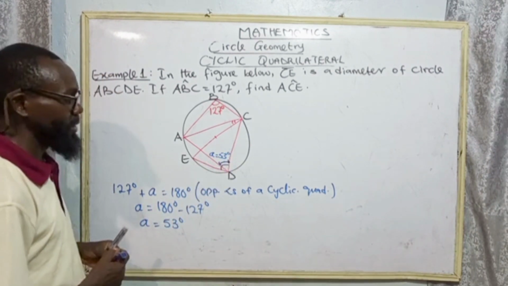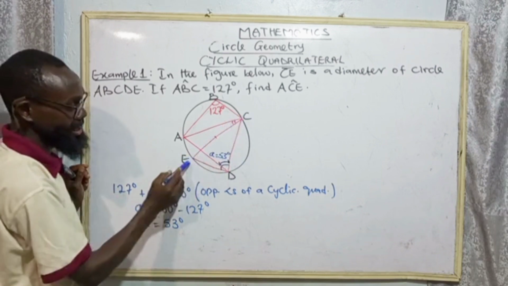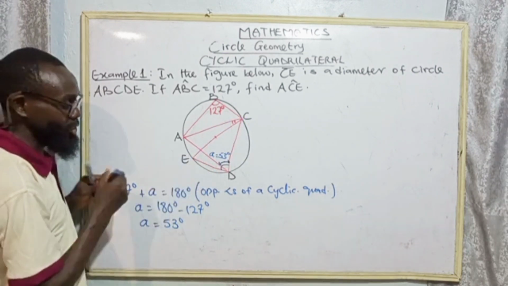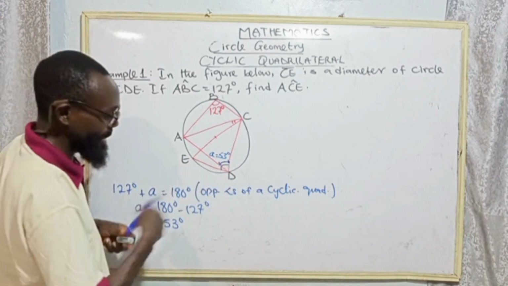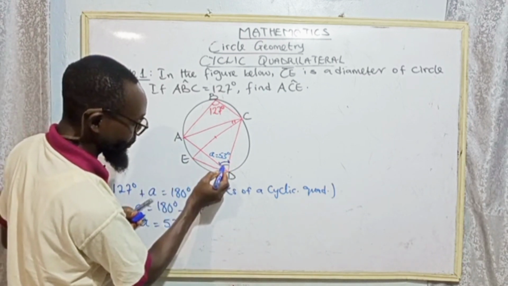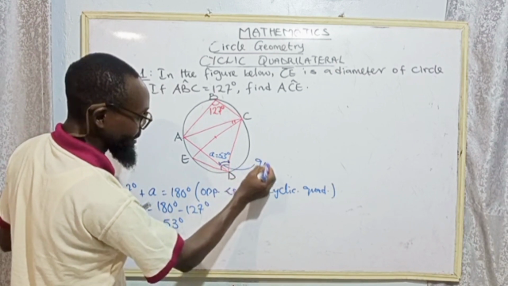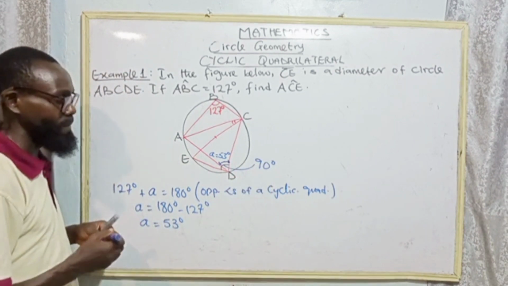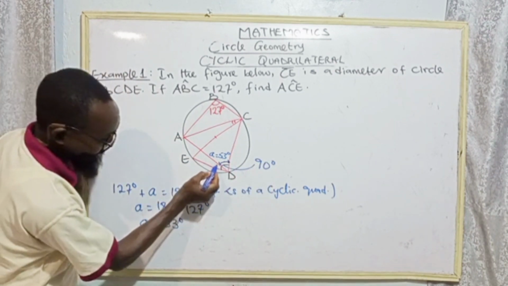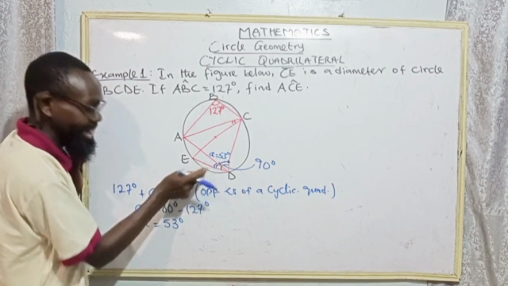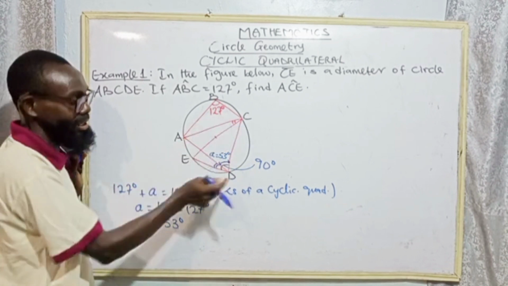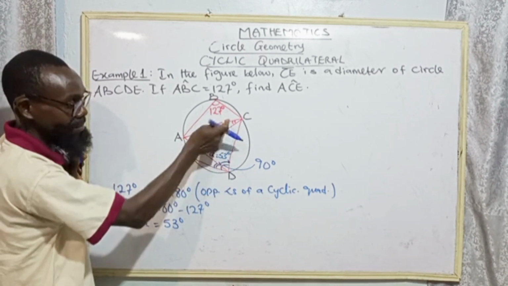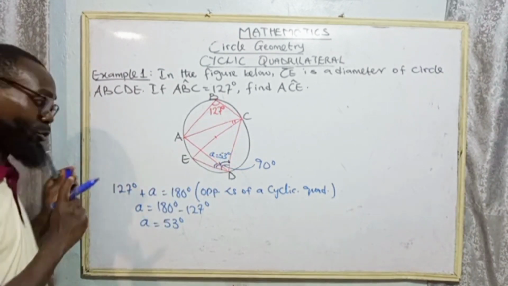But since CE is my diameter, the total angle formed by this CE from here to here, this angle here, is 90 degrees. Now, I want to know this small angle here. If I can get this small angle, I will get this particular angle because they are angles in the same segment, as we have proved before.